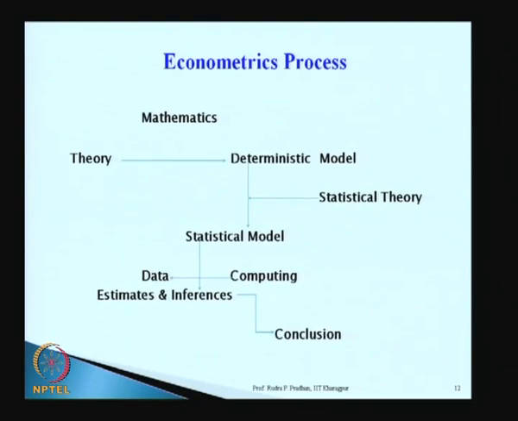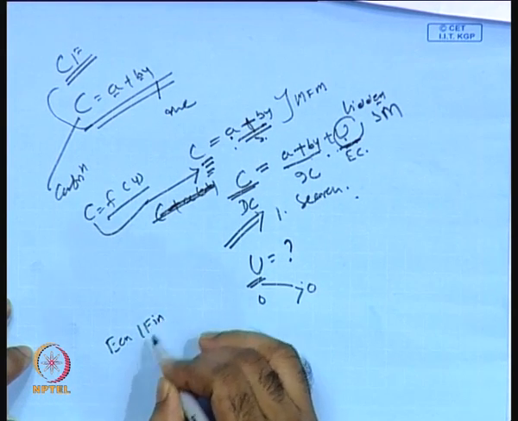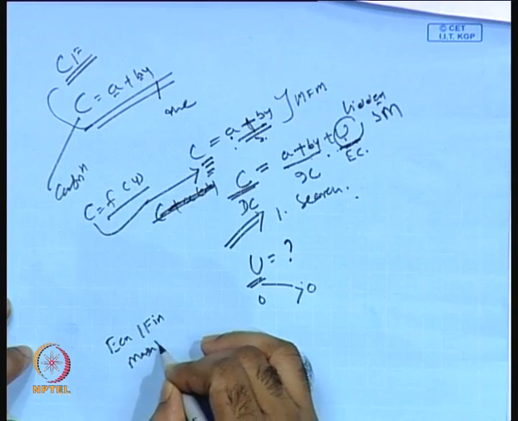So, that is the way we will move in the process. I have just represented it here technically. Now, what is the core foundation here? I mentioned here economics, finance, mathematics and statistics.